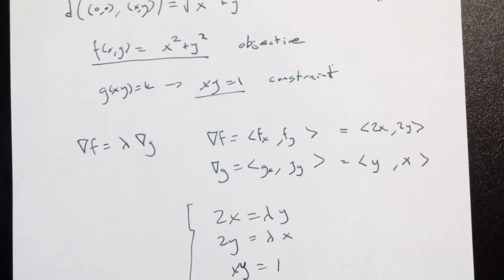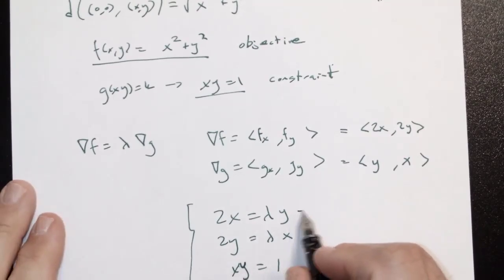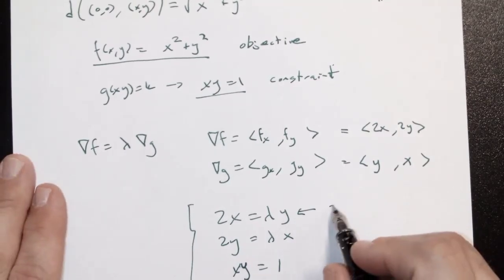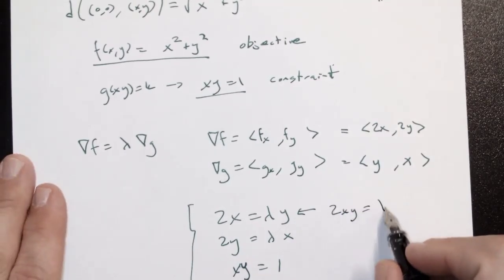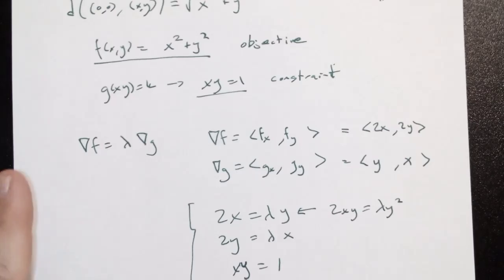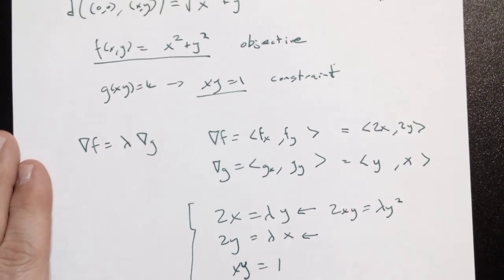So how do I figure out what's going on here? Let's take this equation right here and multiply that by y: 2xy equals lambda y squared. Take the equation underneath it and multiply by x.